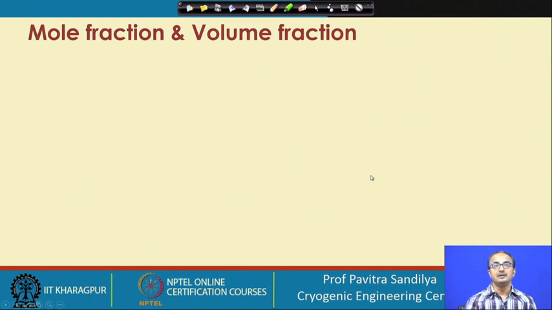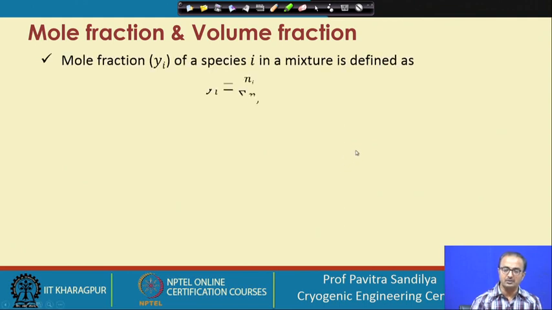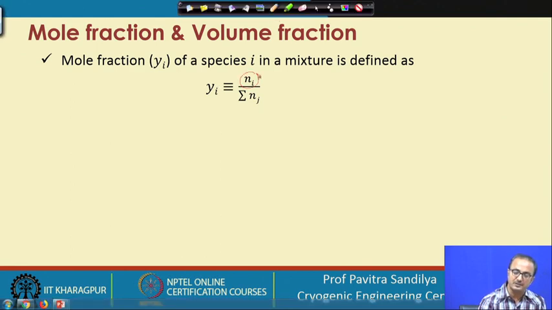Next in line is mole fraction and volume fraction. Now, first let us see what is mole fraction. Mole fraction, analogous to mass fraction, is defined as the number of moles of a species i divided by the total number of moles present in the mixture, and this is denoted by a notation, say Yi.